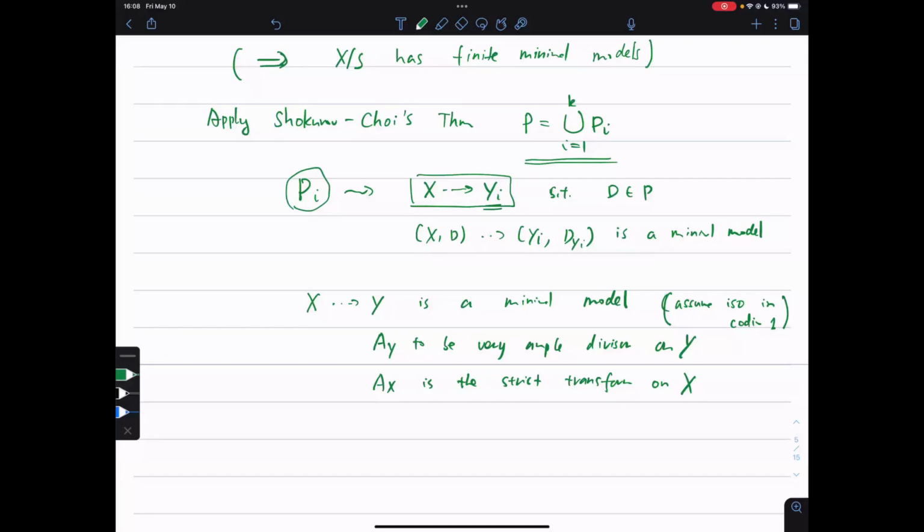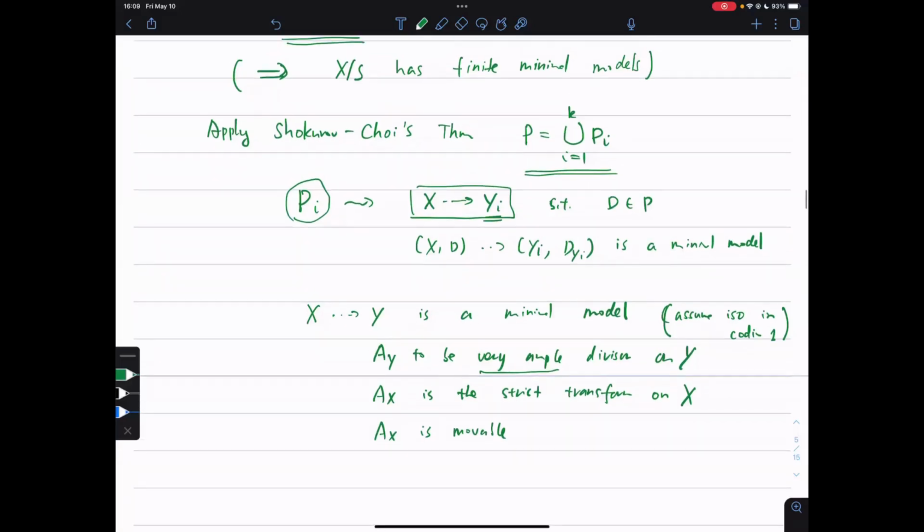So we take the strict transform of these divisors, and by the first example I mentioned, this A_X is movable. You have a very ample divisor, it's base point free, so when you take a strict transform, it's movable. So A_X lives inside the movable cone. Actually it's the class, but I just write it this way. And this movable cone is contained in the birational group action on our P. This is the assumption.